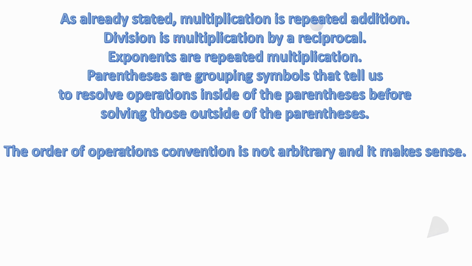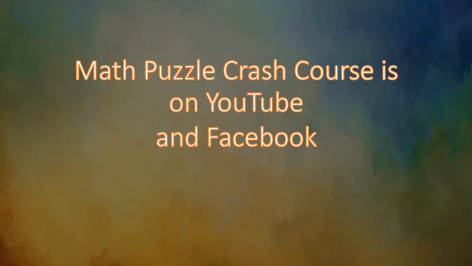You still will follow order of operations if you don't have parentheses. You just move on to look for exponents. Then you'll look for your multiplication and division. If you don't have those, you're going to move and look for your addition and subtraction. And so, really, the whole point of it is to say that the order of operations convention is not some arbitrary convention. It actually makes sense, and it's based in some really sound mathematical principles.